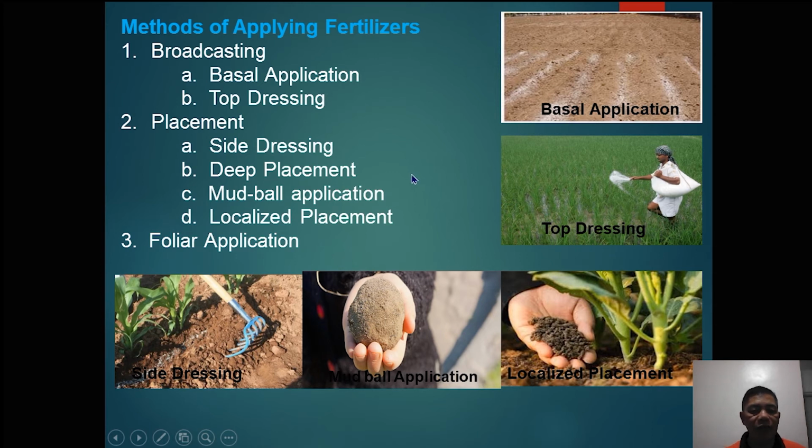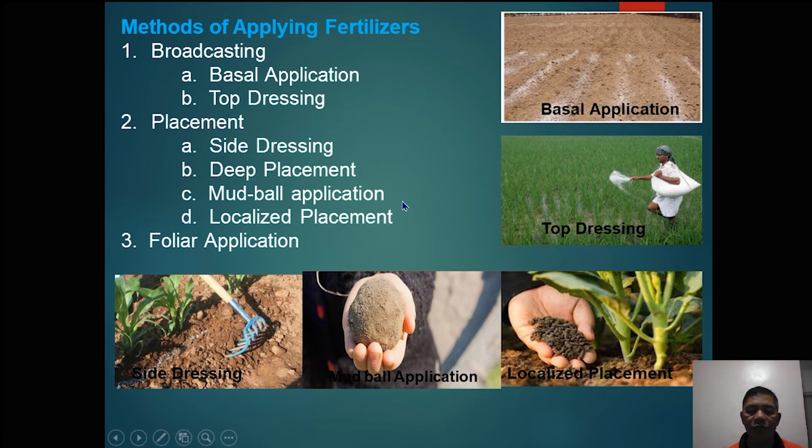So meaning you are placing fertilizer deeply, and of course there are some cases wherein farmers use gadgets, or sometimes they bury it in the soil. So that's the placement.